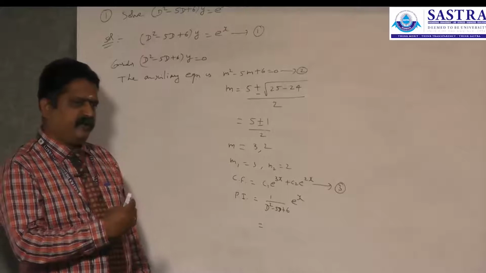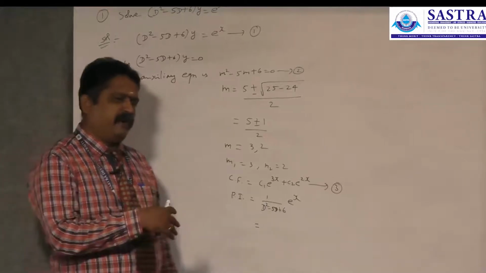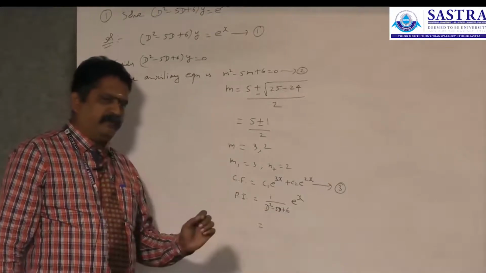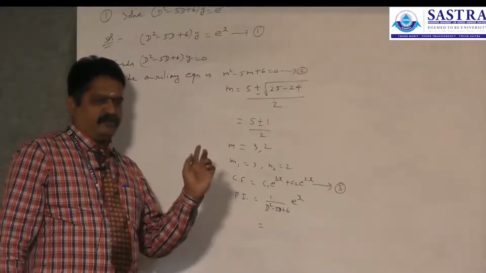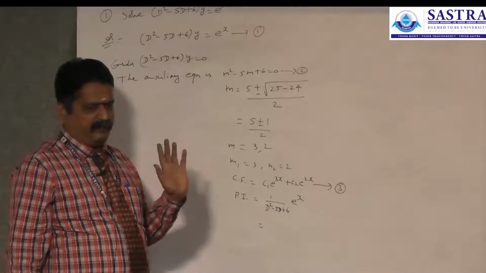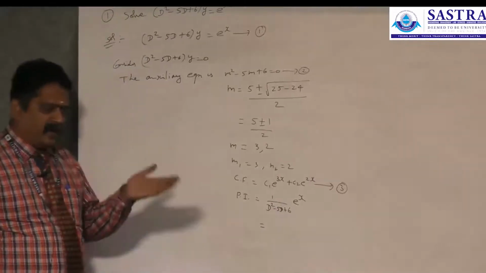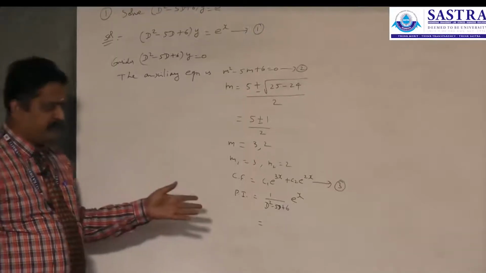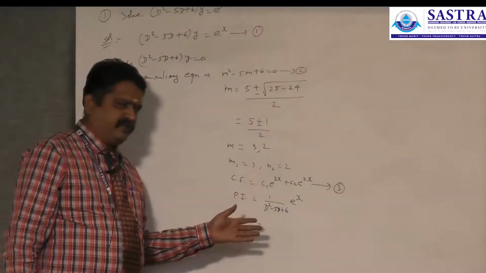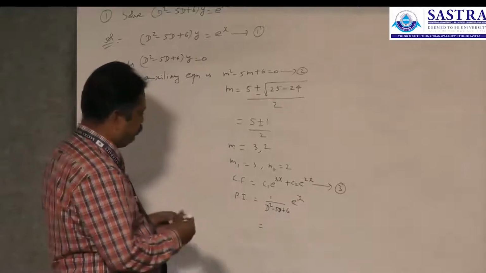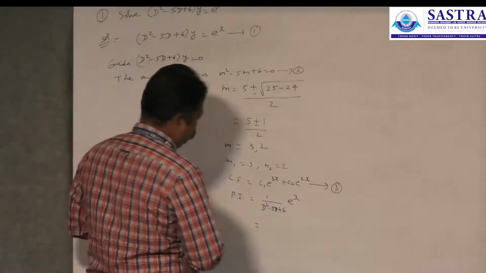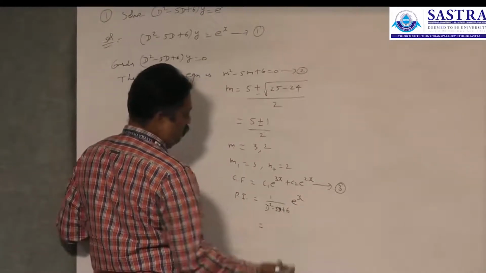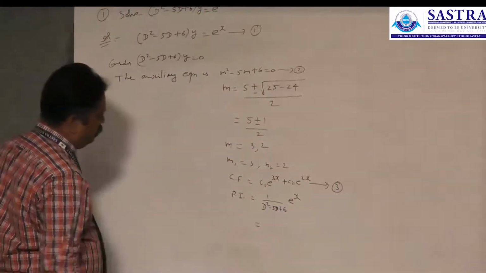Again, if the denominator becomes 0, we differentiate the denominator again, replace D by a, and multiply another x to the numerator. We repeat the process till we get a constant, a non-zero value.